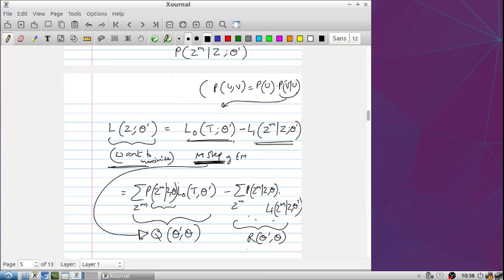So the previous estimate is, say, theta naught. Given theta naught and the data, you estimate something, that is gamma. You plug the gamma into the complete data likelihood and then maximize over theta prime. That's what happens in EM. This whole thing I'm calling Q, and it is what is maximized over theta prime in the M step.